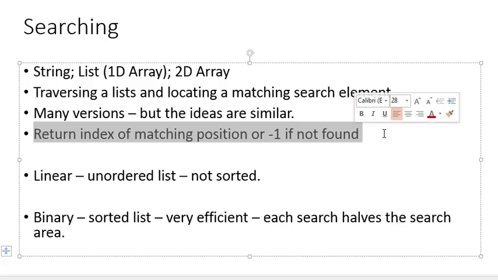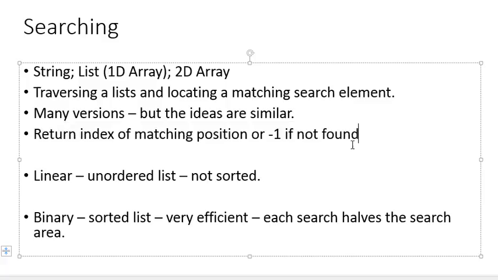Now there are variations on this, but if we don't find a matching instance, we're going to return -1 as the index. That makes sense because the first index is always going to be 0, whereas -1 would not be a possible search position. That tells me that I have not found what I'm looking for.